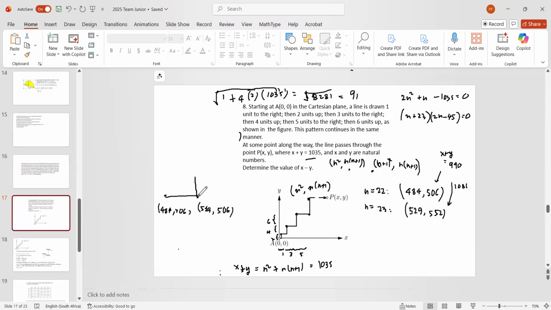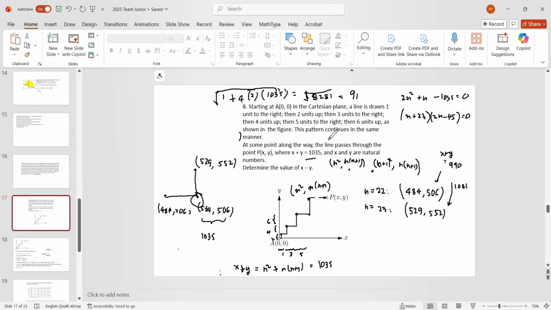And then it goes upwards. The x coordinate is still 529, but the y coordinate is 23 times 24. That's the one, you get 552. This didn't work, but this one here, when you add the two, you get 1035. So this is the point that we're looking for.